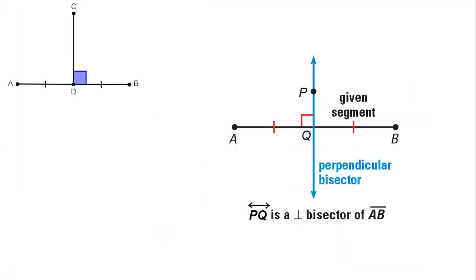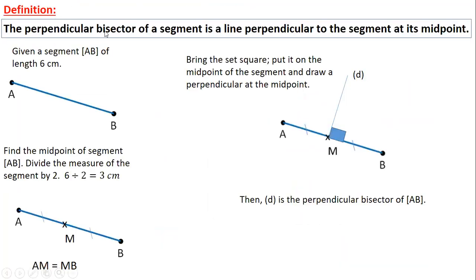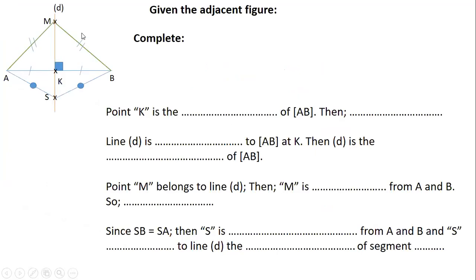I will go back. The perpendicular bisector of a segment is a line perpendicular to the segment at its midpoint. So any line perpendicular to the segment at the midpoint, what do we call it? Perpendicular bisector. Yes. So line D is perpendicular to segment AB at K, which is the midpoint.